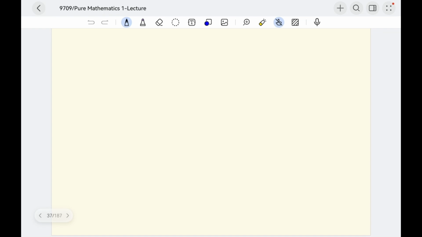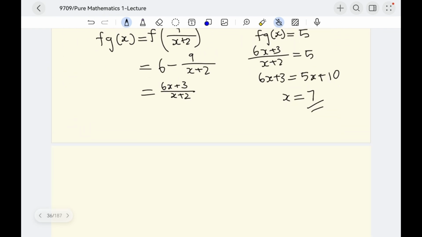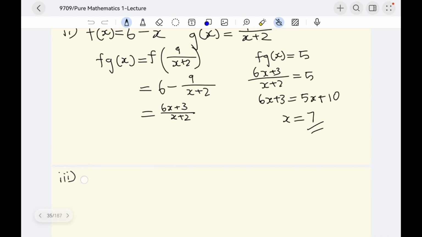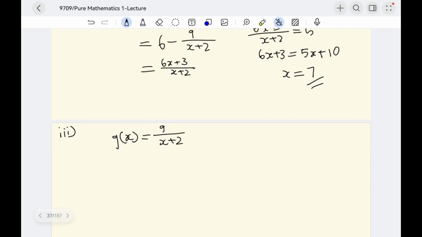Next, for the third part. For part 3, express g inverse of x in terms of x. This question is quite easy because the third part only focuses on g(x). Find the inverse right now.